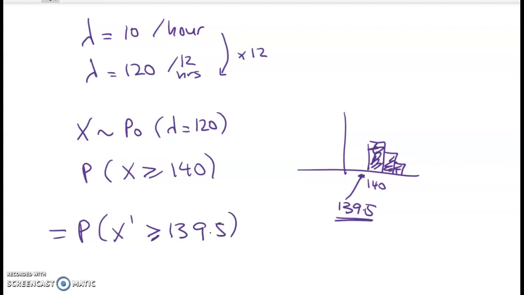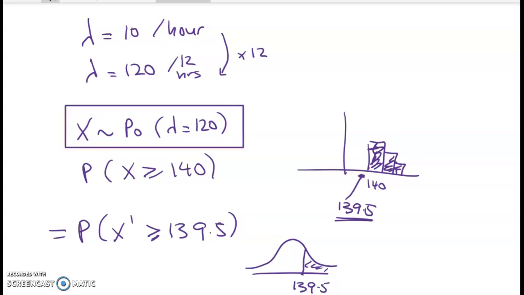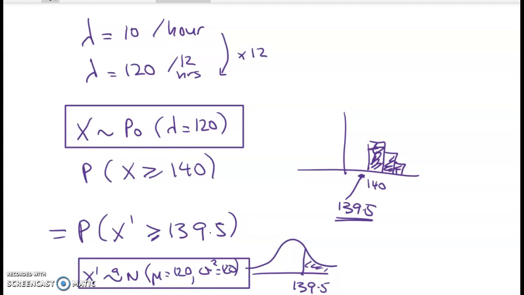And I can write that as a weak or a strict inequality. It doesn't matter because now I'm finding the area under the curve, from 139.5. Okay, so x is my Poisson distribution, and x bar is roughly normal with a mean of 120 and a variance of 120. So that's what we're going to work with from here on.